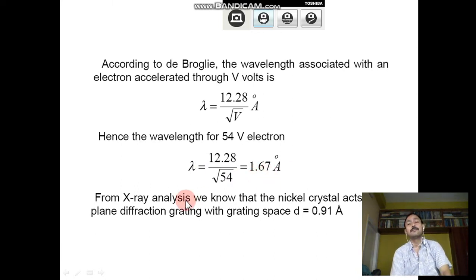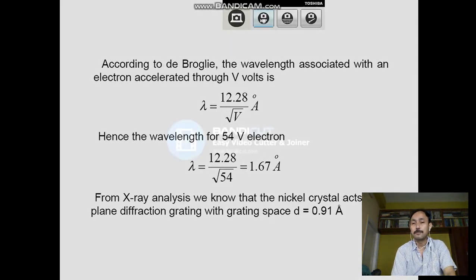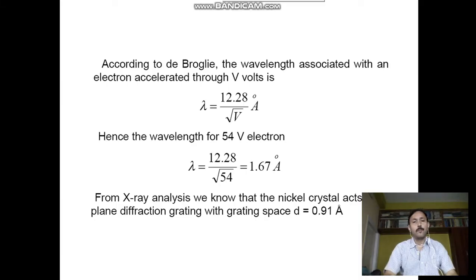From X-ray analysis, we know that the nickel crystal acts as a plane diffraction grating with grating spacing d equal to 0.91 angstrom.